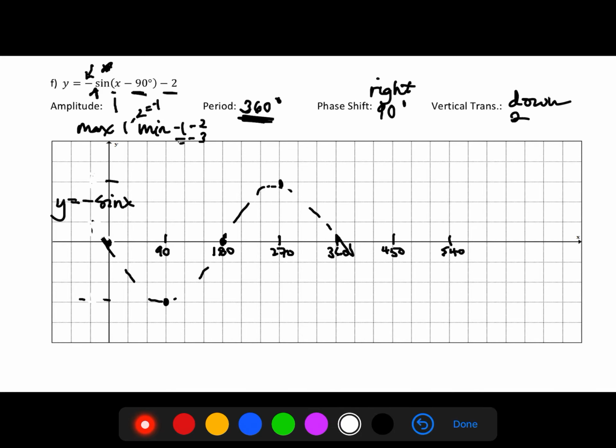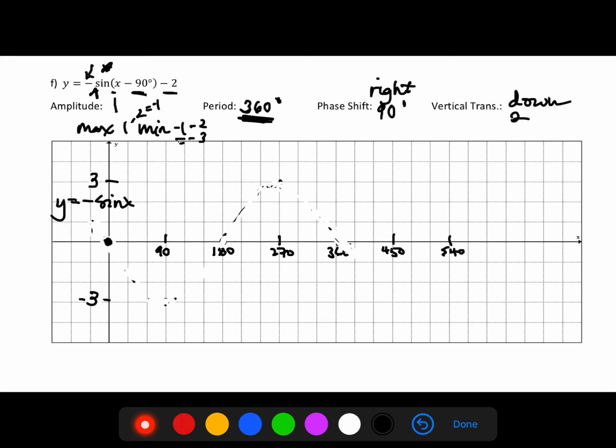So we are going to fix up our graph here. So if we have to go down to -3, we're going to make this -3, +3.